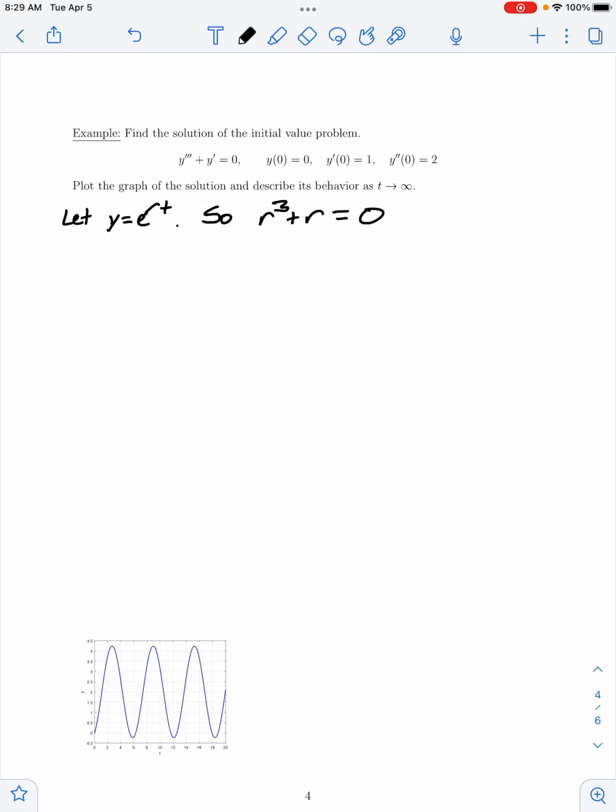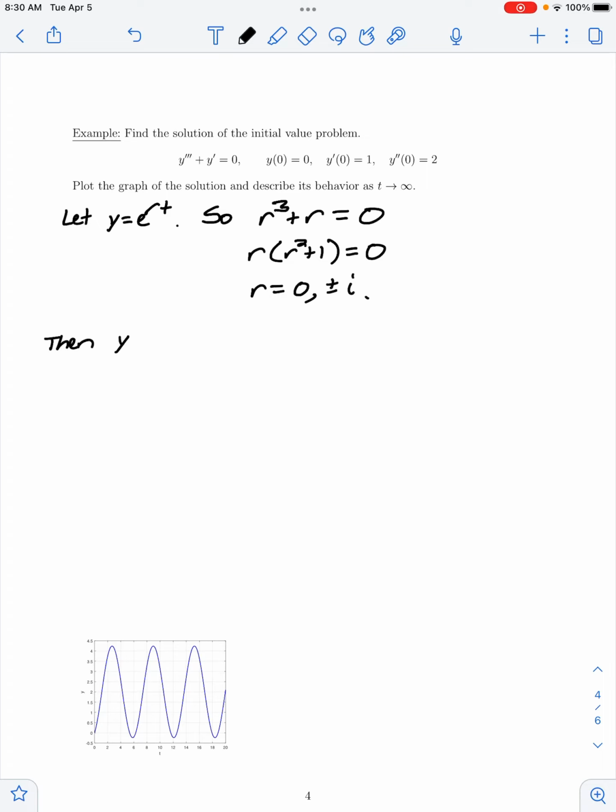And this can be factored by factoring out an r, leaving us with r squared plus 1 equals 0. And so our roots of this characteristic equation would be 0 and plus or minus i. So we have one real distinct root and a pair of complex conjugate roots.